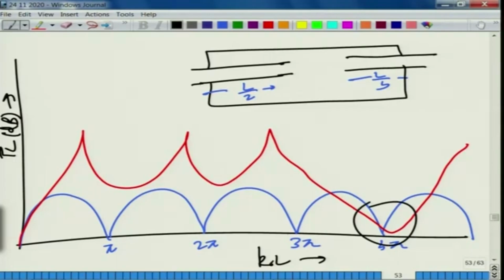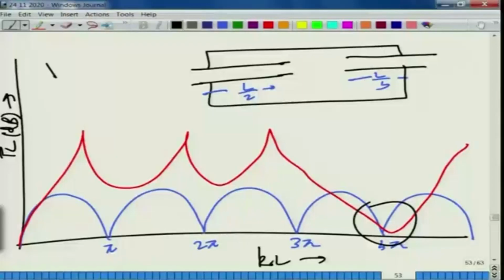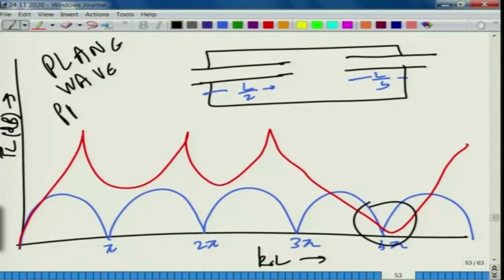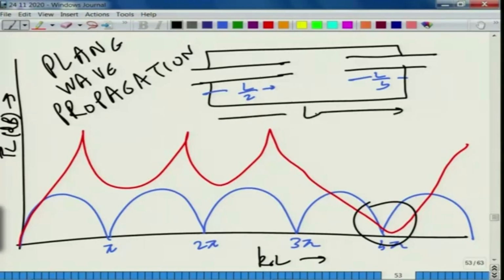So, what is the take home message of this lecture? Based on plane wave propagation theory, if we choose the length of the inlet pipe extended into the chamber to be L by 2 and the outlet pipe extended into the chamber to be L by 4, we can get rid of the first 3 troughs.